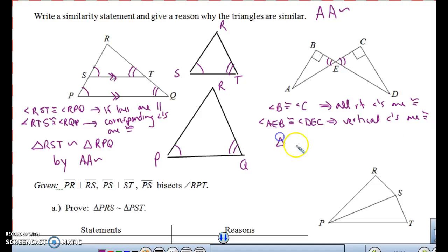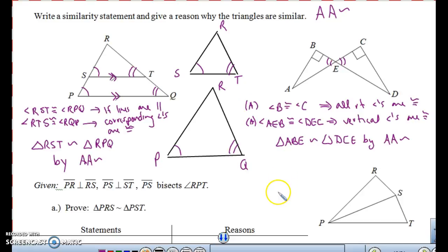So that means that triangle ABE is similar to triangle DCE by angle-angle similarity. I have one angle, I have my other pair of angles, so therefore the triangles are similar.